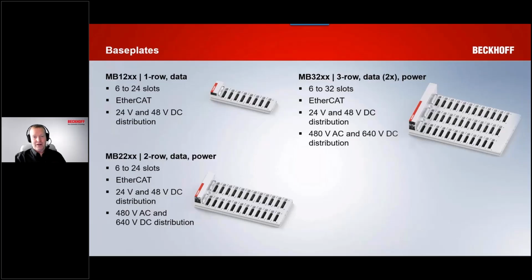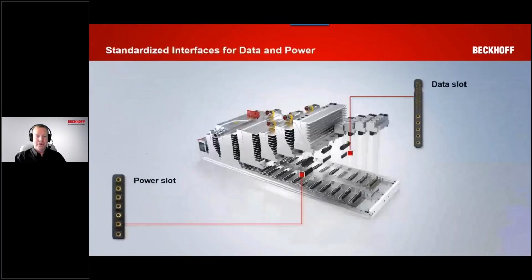But other than looking at a picture, what does that really look like? It comes down to two main things: a data slot for the data connection and the low voltage, and a power slot for the high voltage connection. So the data slot gives us that EtherCAT communication.